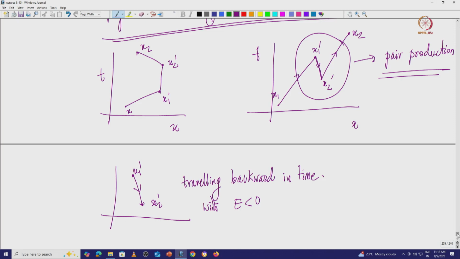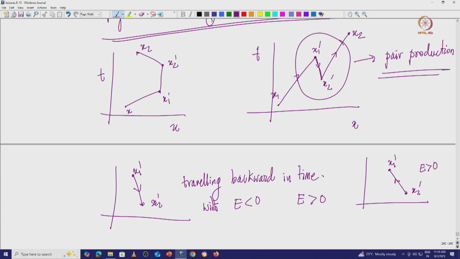So this negative energy particle is like a particle traveling backward in time with negative energy, but with positive energy it will appear as a particle traveling again the same distance forward in time, with E positive essentially.